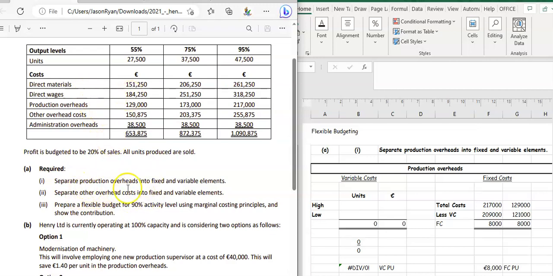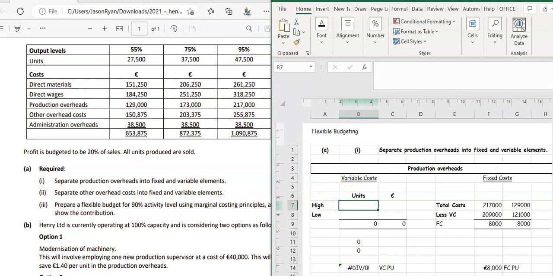So for the first one, we're going to use the high-low method to calculate the fixed and variable cost. We're going to take our variable cost, and see what is the high in units. So at 95%, the highest units we have is 47,500. Then we're going to see what our low for our units is, which is 27,500.